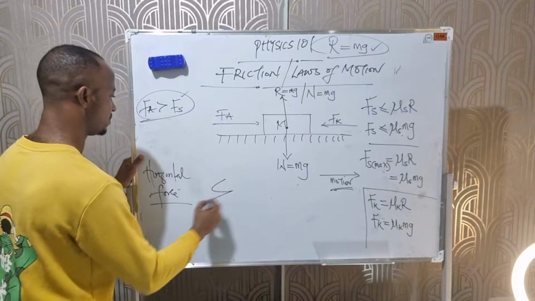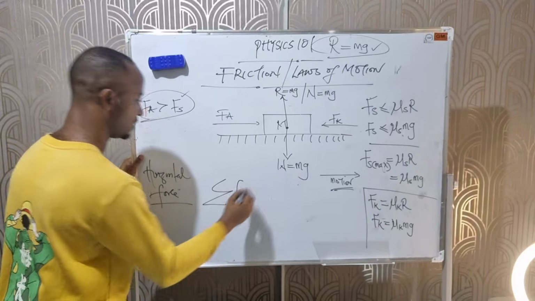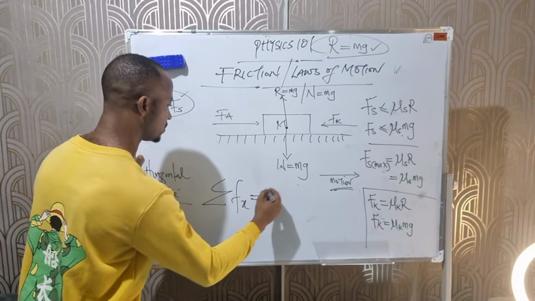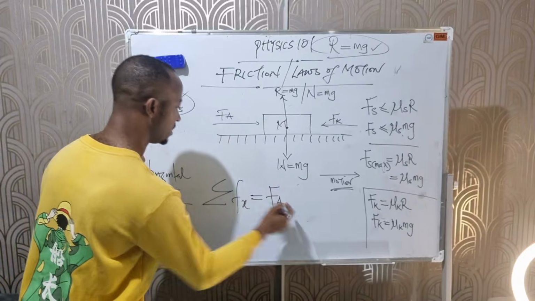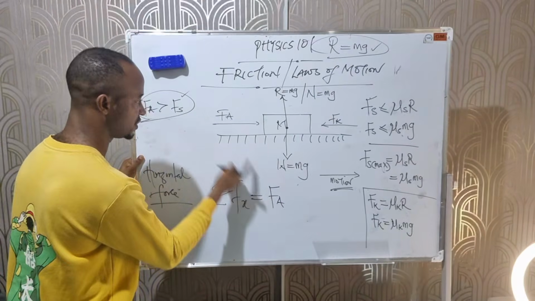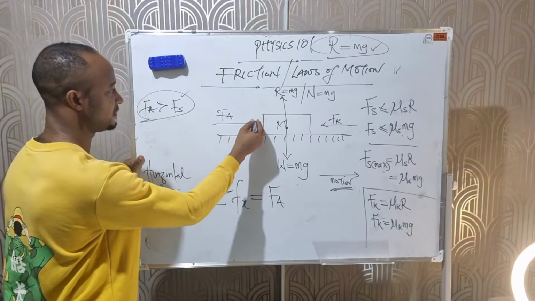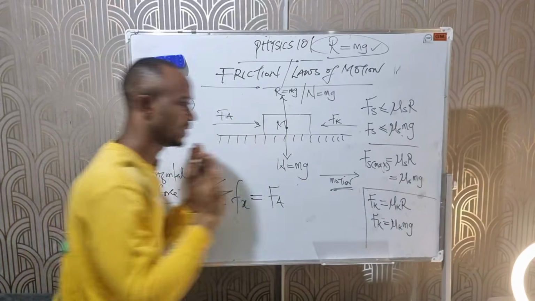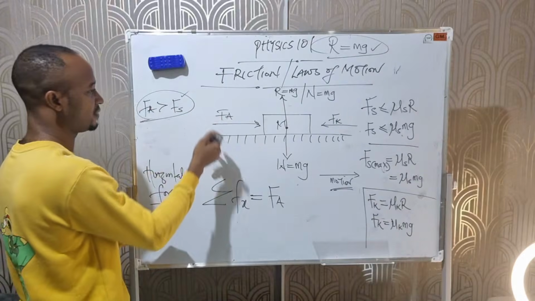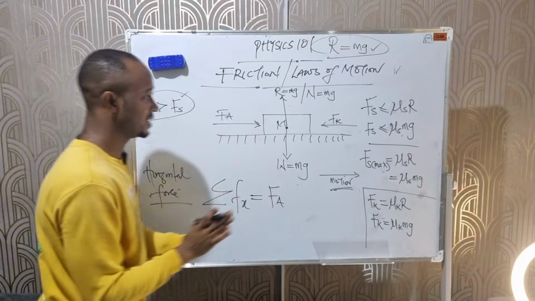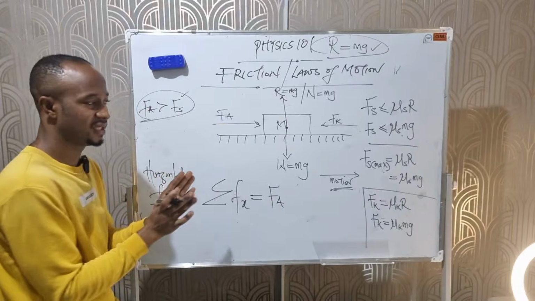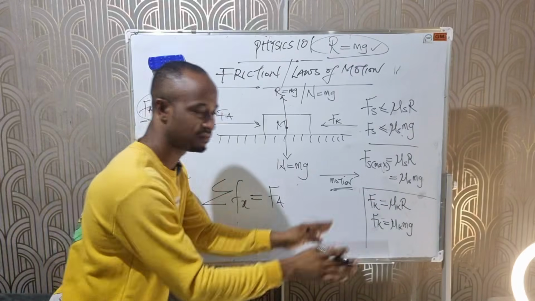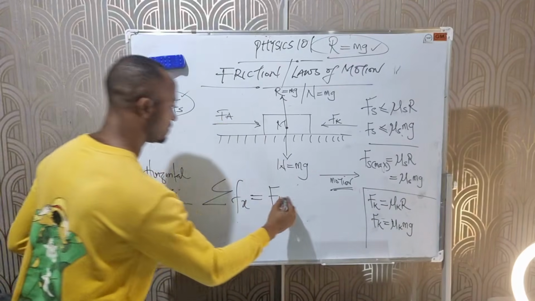The sum of all horizontal forces equals the applied force, which is always positive because it's doing a positive work. Any force that acts in the direction of motion, if a body is going this way, that means the applied force and motion are in the same direction, or the applied force is in the same direction as displacement. So it becomes positive.